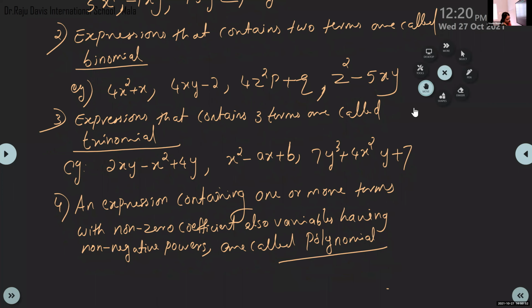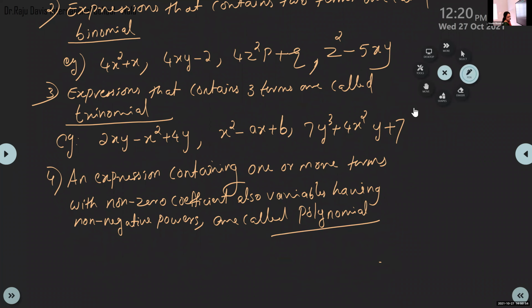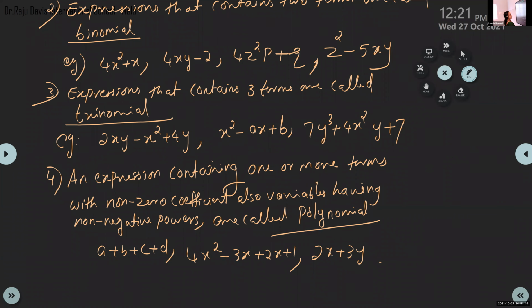Right? Example for some polynomials. A plus B plus C plus D. It's a polynomial. 4x square minus 3x plus 2x plus 1. It's another polynomial. 2x plus 3y plus 5.